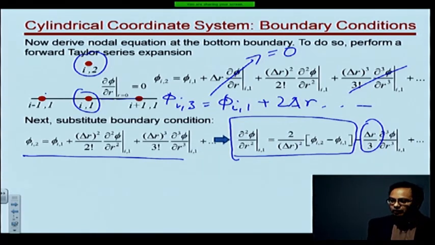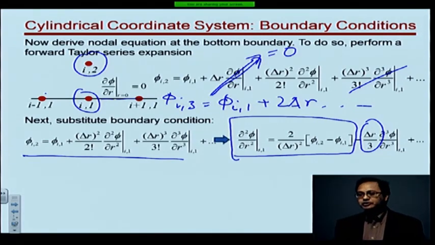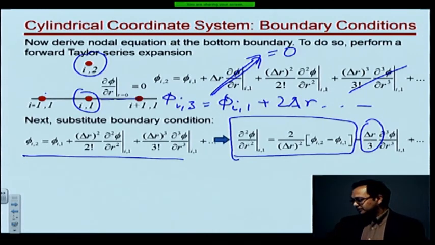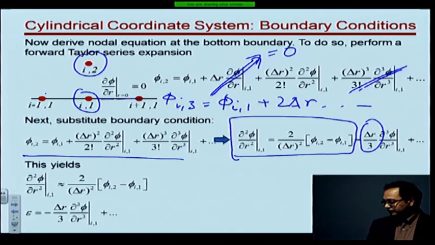If you want higher order accuracy, you have to use one more Taylor series expansion. But again, the procedure will be the same. In that Taylor series expansion also, you will set the first derivative equal to 0, and then manipulate the two equations such that you cancel out the third derivative, and then you will get a second order error. So that's our expression for the second derivative.